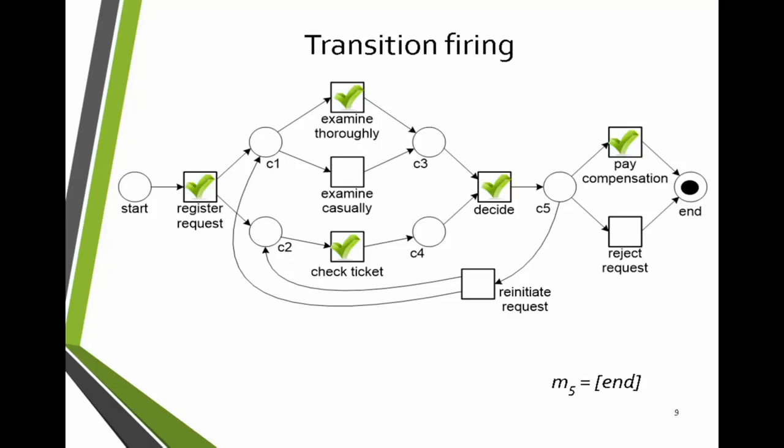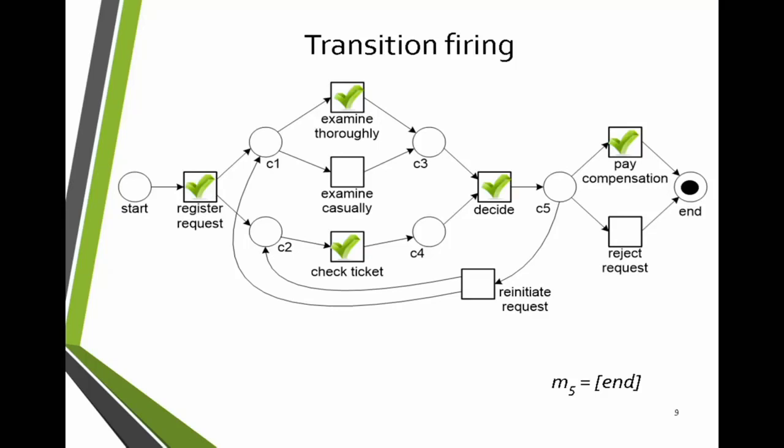Obviously, I can do several executions. I could have made different choices. Actually, how many executions could I do? How many different executions are there in this model? How many? Infinite, exactly. There's an infinite amount of potential executions. Why? Well, because of this reinitiate request loop.